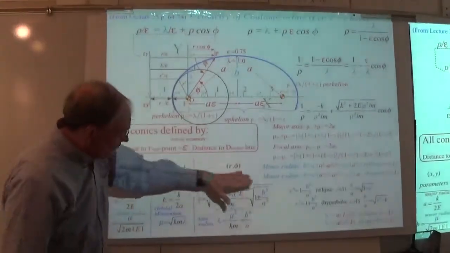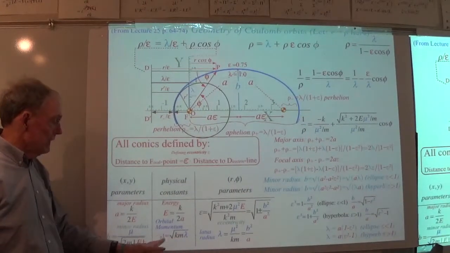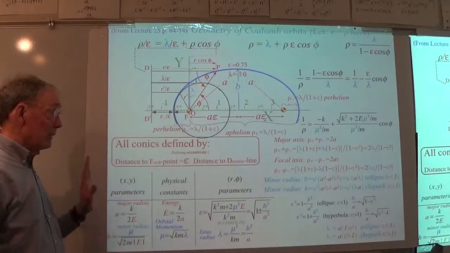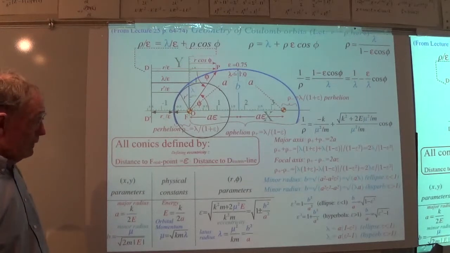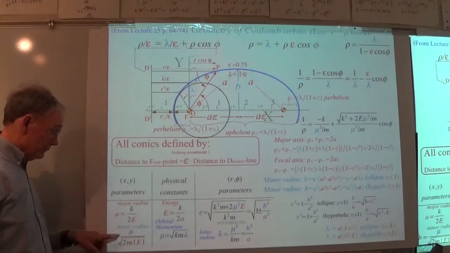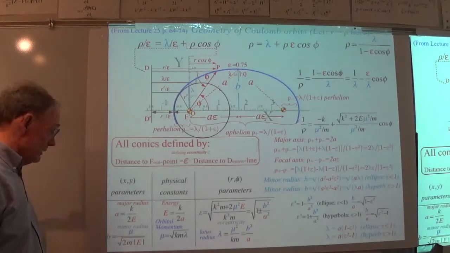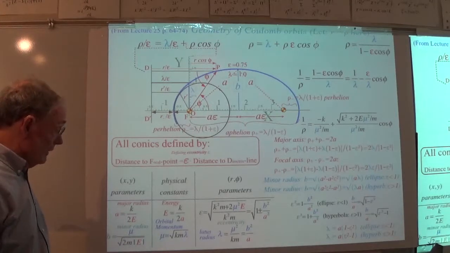But here's the physics right here. The km lambda is our angular momentum. That's L now. We're not going to use mu anymore. And then here's the impact parameter, which is proportional to L, but it's also inversely proportional to the square root of energy, with a mass of 2 put in there.